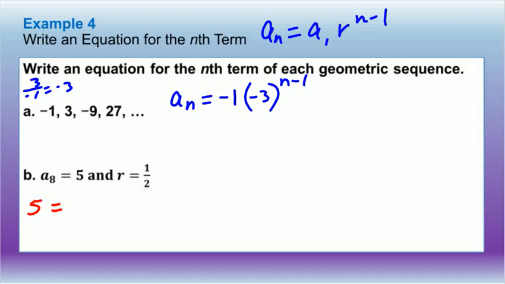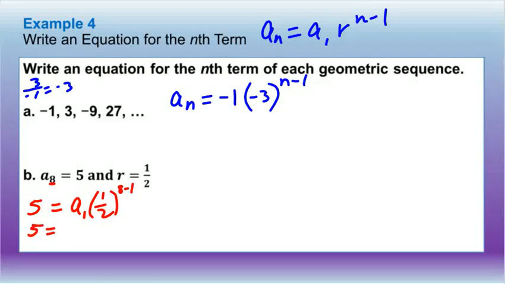And we need to find the a subscript 1. The common ratio, they tell us, is 1/2 raised to the n minus 1, which is 8 minus 1, because they told us it was 8. Now to simplify this, this will give us half to the 7th power. So 0.5 to the 7th power gives us 1 over 128.